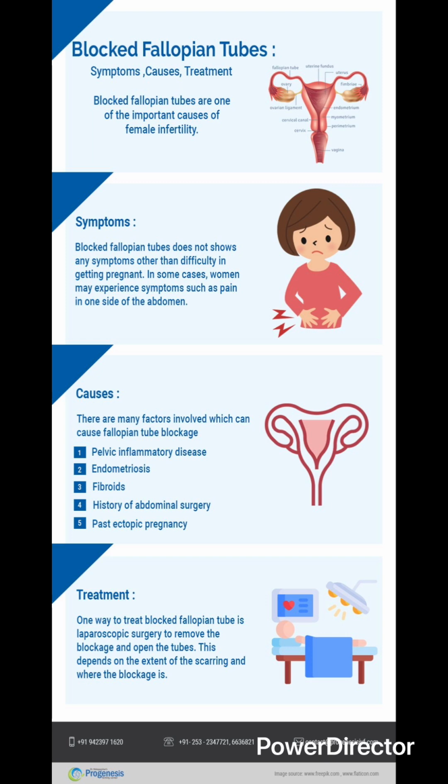Symptoms may be absent but can include pelvic pain, irregular menstruation, or history of pelvic infections. So, we can diagnose fallopian tube dysfunction with the help of symptoms also. So, how do we diagnose them? Through imaging tests like hysterosalpingiography, hysterosalpingo contrast ultrasonography, and laparoscopy with chromopertubation.